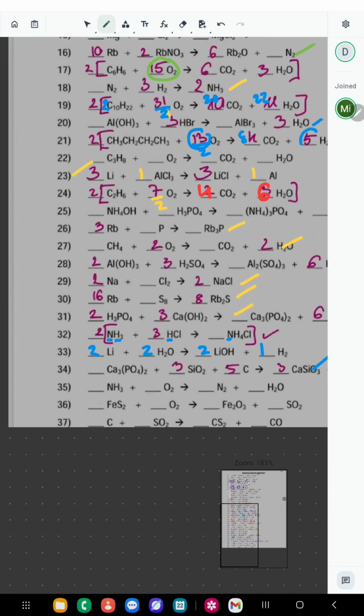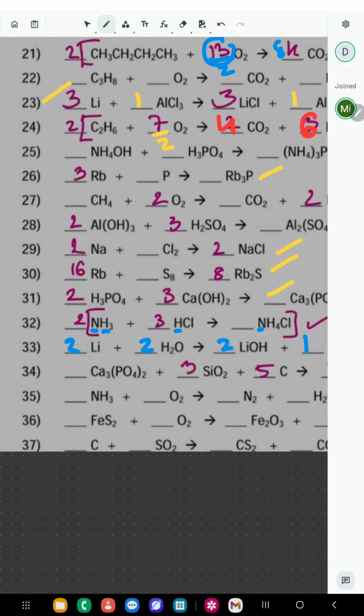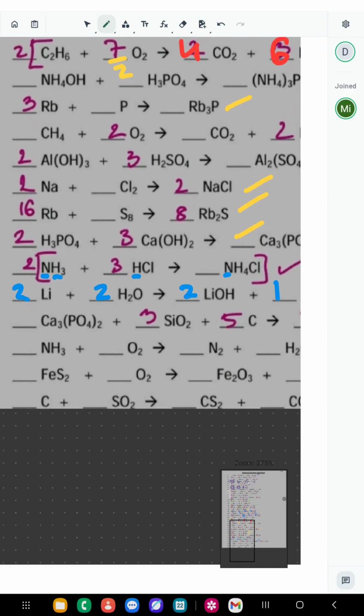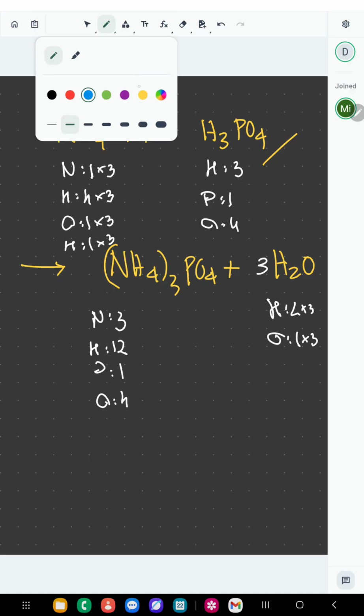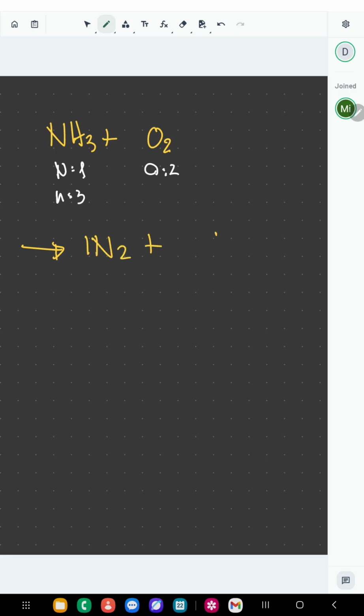And then for 35, okay, 35. NH3 oxygen. Okay, we do it here. NH3 plus oxygen produces N2 plus water. This is fun, right?